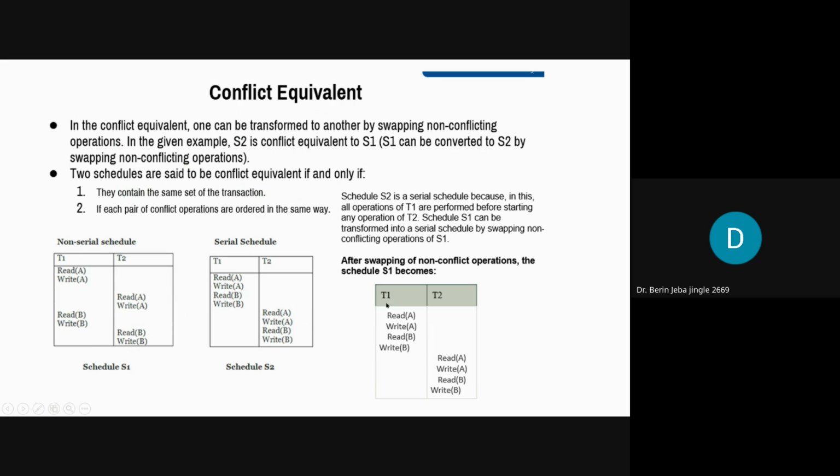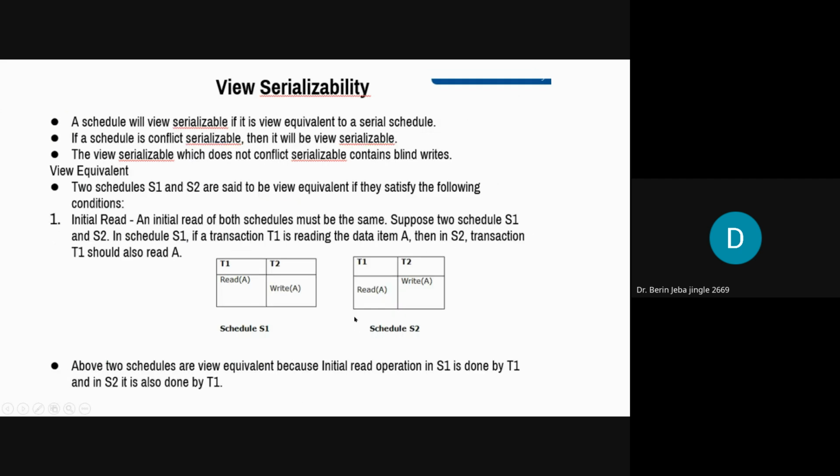What conditions does it satisfy? They contain the same set of transactions, and each pair of conflicting operations is ordered in the same way. In this manner, we can remove the conflict in a schedule by conflict equivalence.